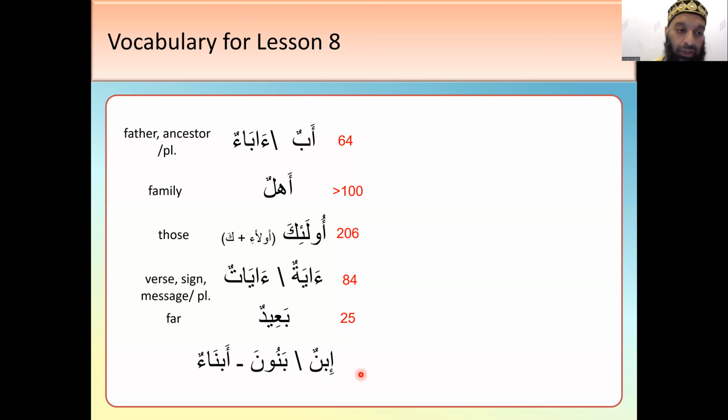Ibn. Son. Abdullah ibn Mas'ud, for example. Abdullah ibn Abbas. Umar ibn al-Khattab. Son of. It means son of. Sabrun. Patience.